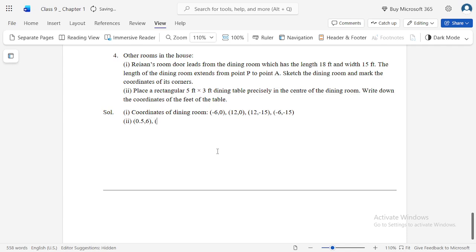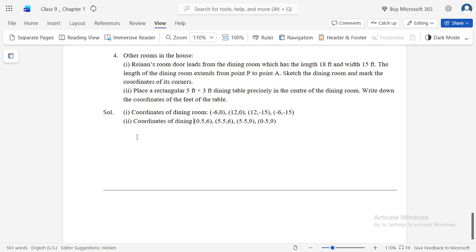Next point will be at 5.5 comma 6. These are the upper points of the table. Now the lower points of the table will be at 5.5 comma 6 plus 3, which is 9, and 0.5 comma 9, right? So these will be the coordinates of the dining table.